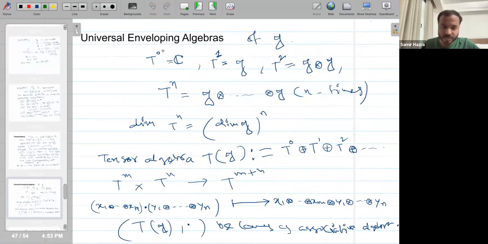Well, the motivation here is, suppose given a Lie algebra G, we want to study their representations or modules, let's say G modules.